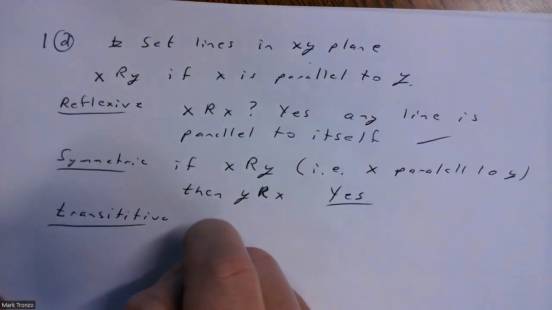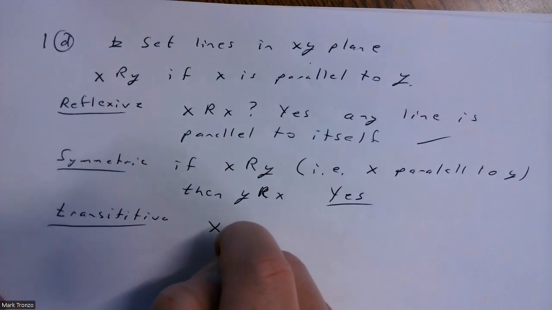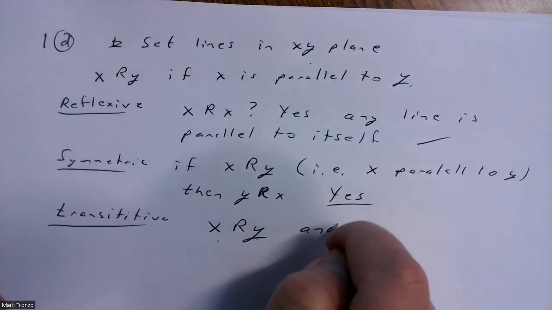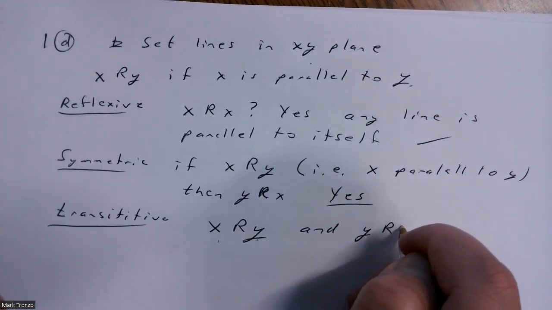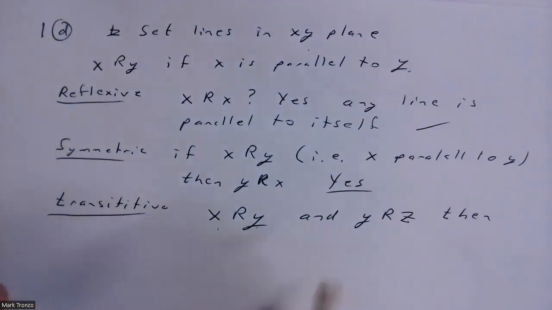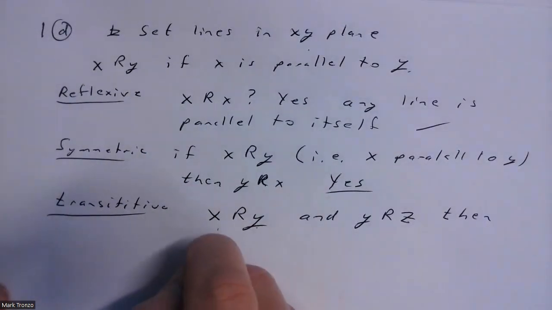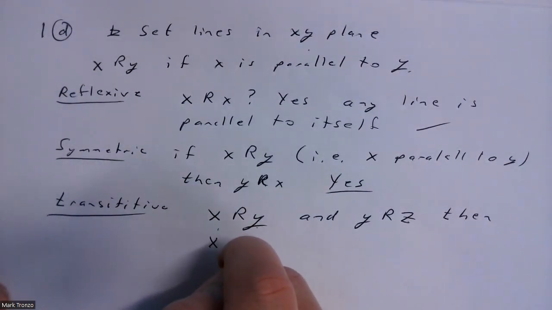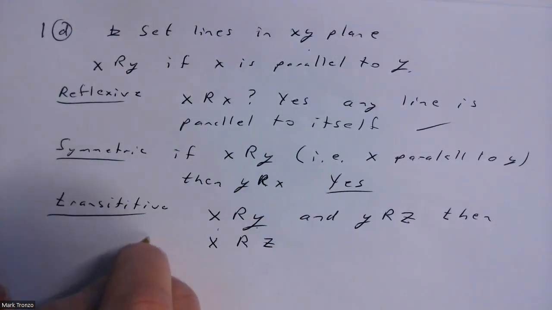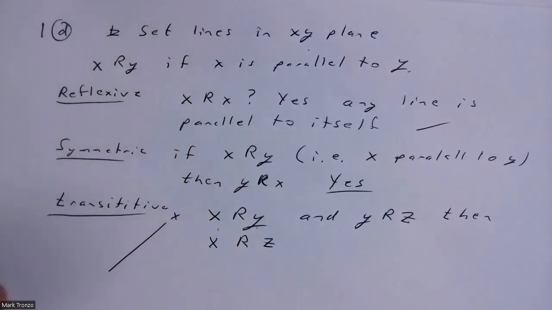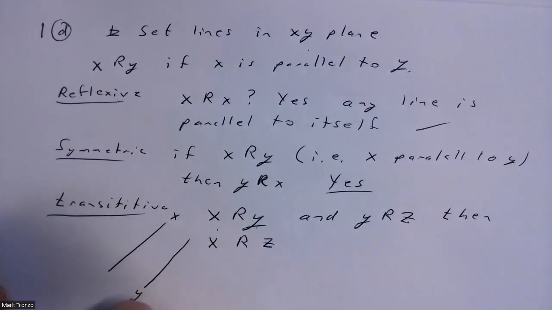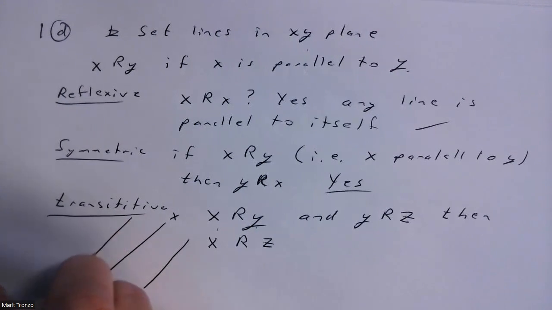Then transitive, if you have three lines, if X is parallel to Y, and Y is parallel to Z, then of course we can say that X is parallel to Z. You might have something like this is the line X, this is the line Y, and Z could be anywhere.